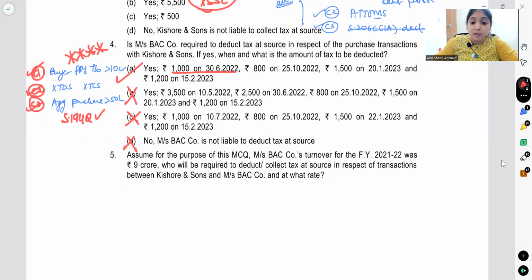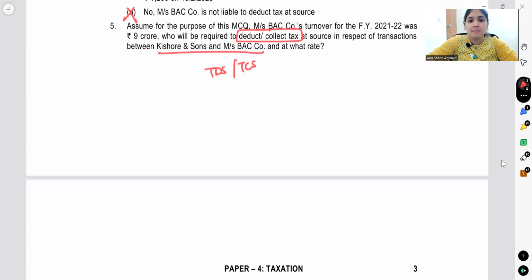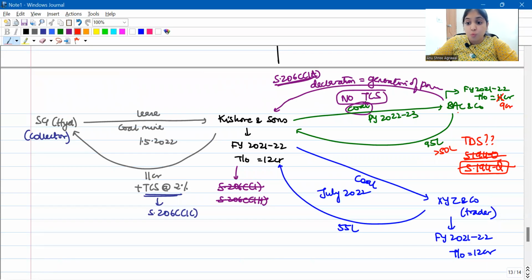Who will be required to deduct or collect tax, TDS or TCS, in respect of transactions between Kishore and Sons and BAC and Co, and at what rate? What if BAC and Co's preceding previous year turnover was 9 crore?